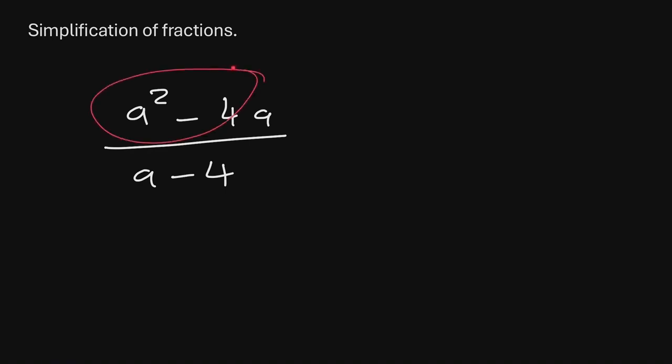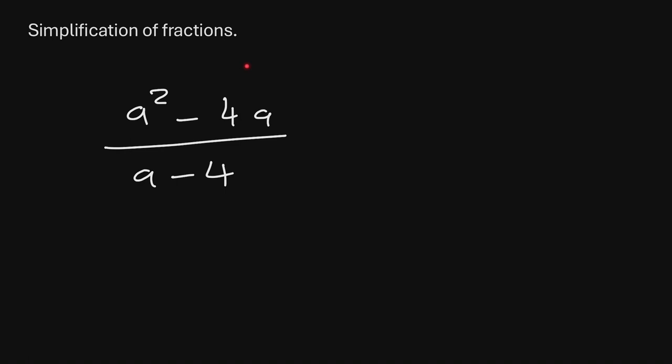Let's say, for example, we have a squared minus 4a all divided by a minus 4. We're going to look if we can factorize at the top or at the bottom. At the top, we can factorize, but only by taking out a common factor.